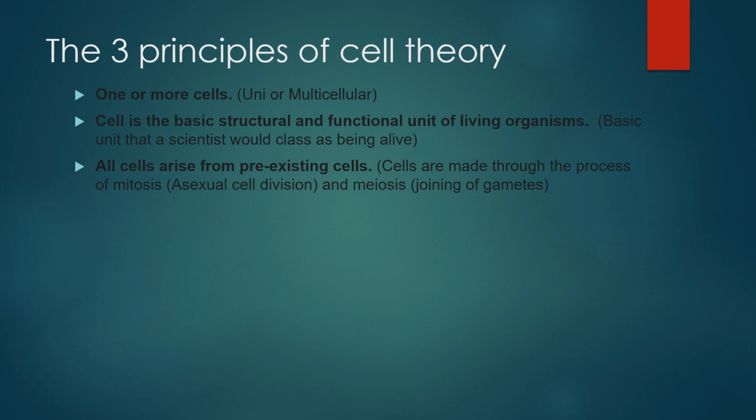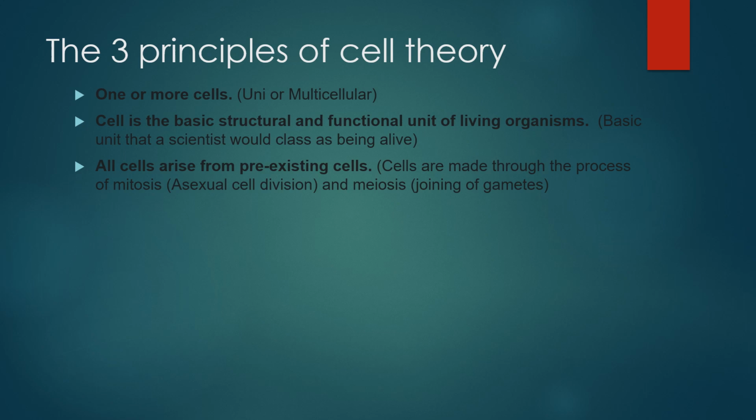The three principles of cell theory. A living thing is composed of one or more cells, i.e., it is unicellular or multicellular.